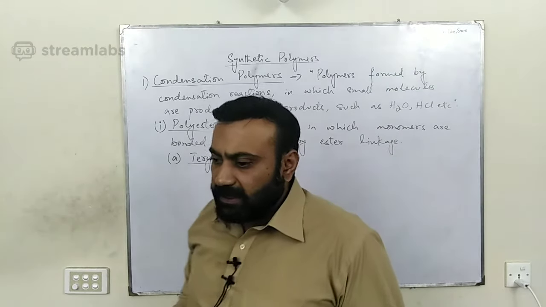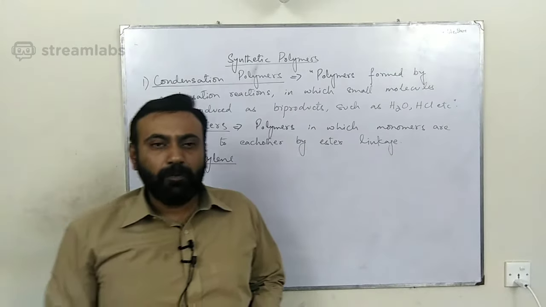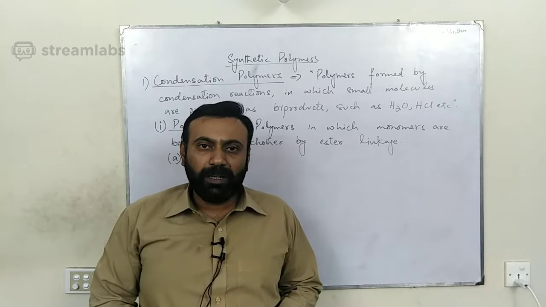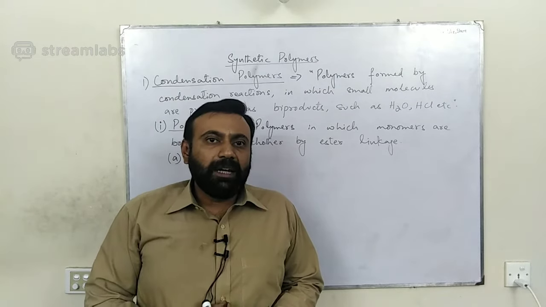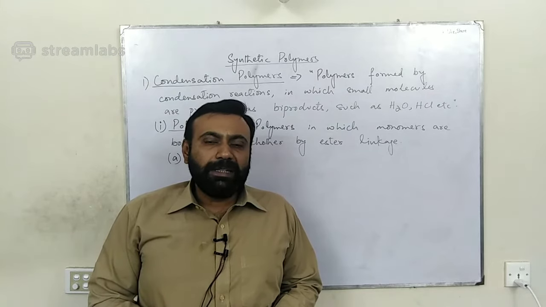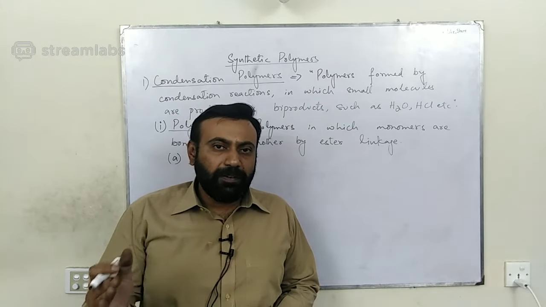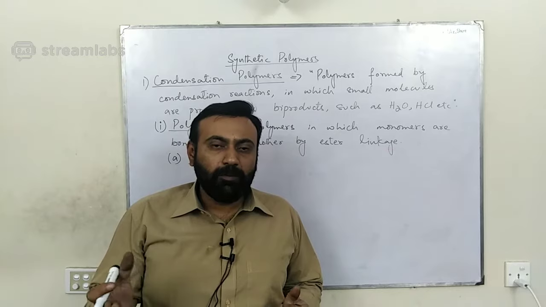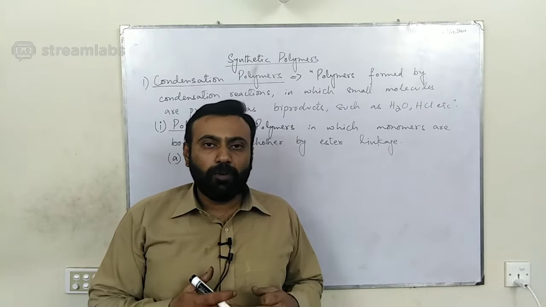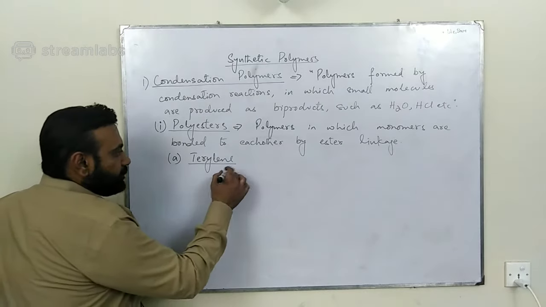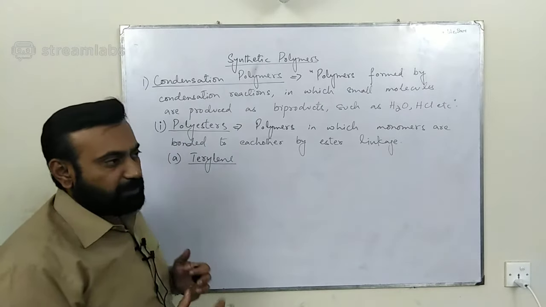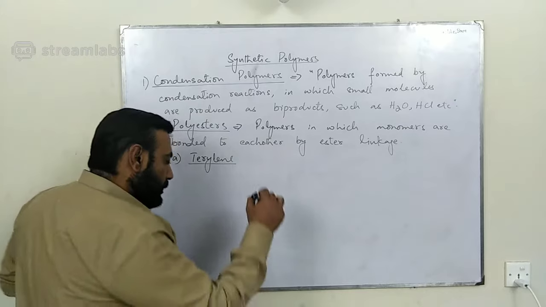One of them is 1,4-benzene dioic acid, 1,4-benzene dicarboxylic acid, and the other one is 1,2-ethane diol. These are the two different monomers which keep on linking together to form terylene, which is a polymer, which is a polyester. And this reaction requires specific conditions to take place.